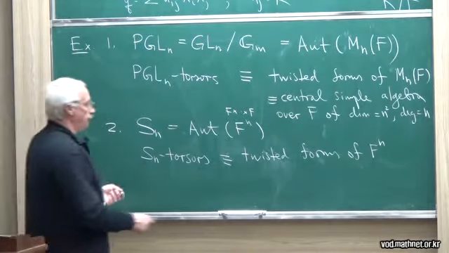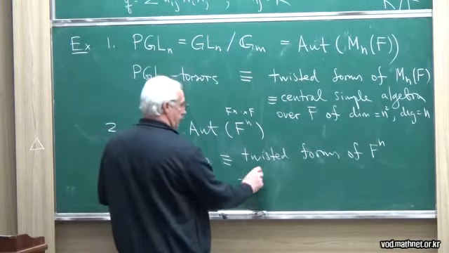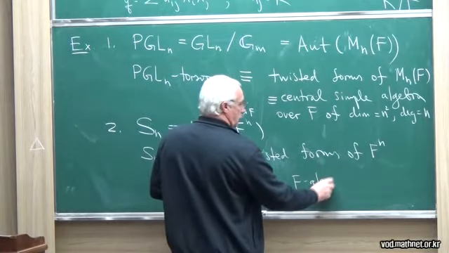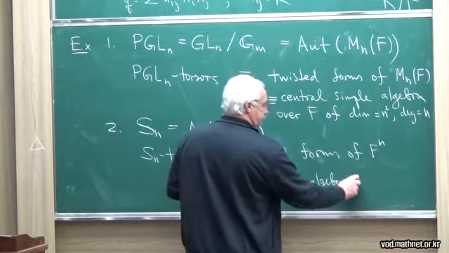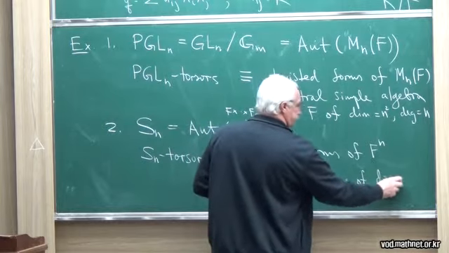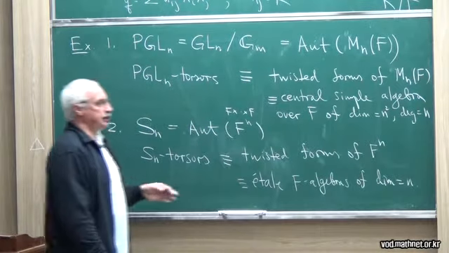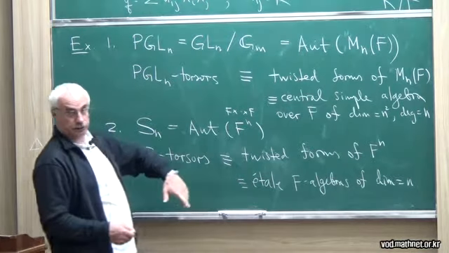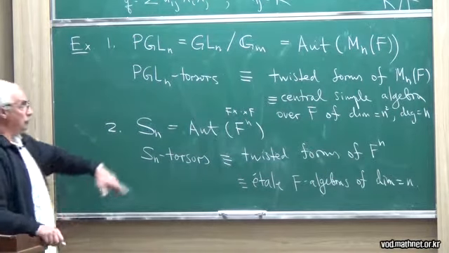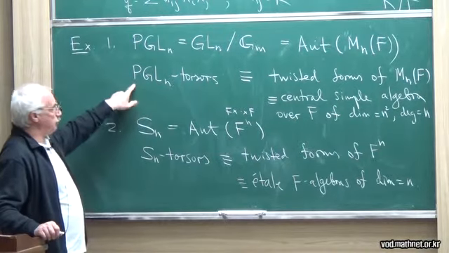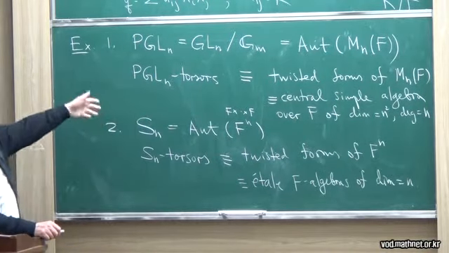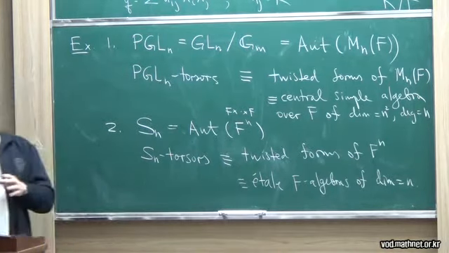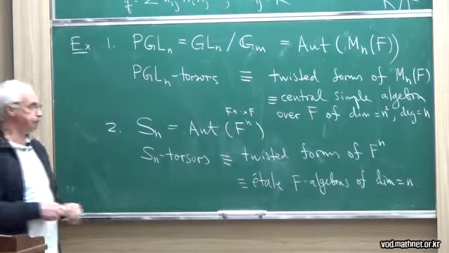And those are known as étale F-algebras of dimension n. Well, the main point is that for many interesting objects like this and many others, quadratic forms and so on, the objects are in one-to-one correspondence with the torsors for some group G, namely for the automorphism group of the object. This applies to the objects with big automorphism groups.